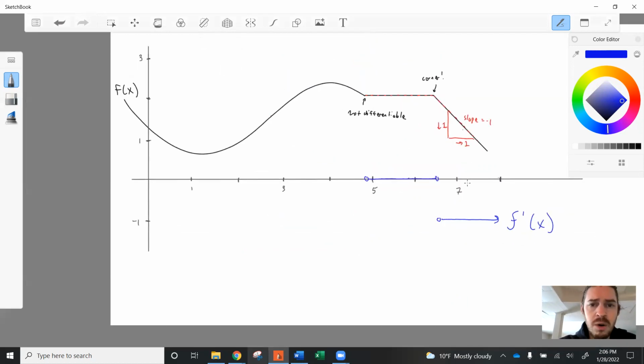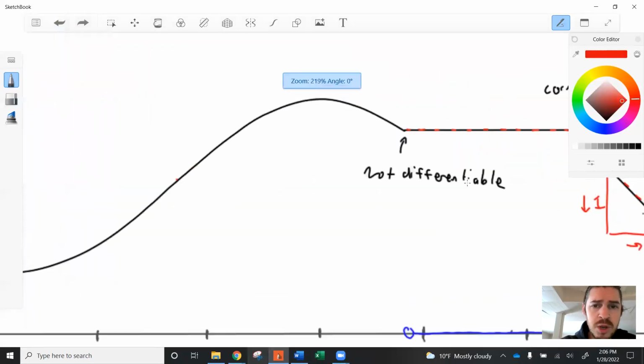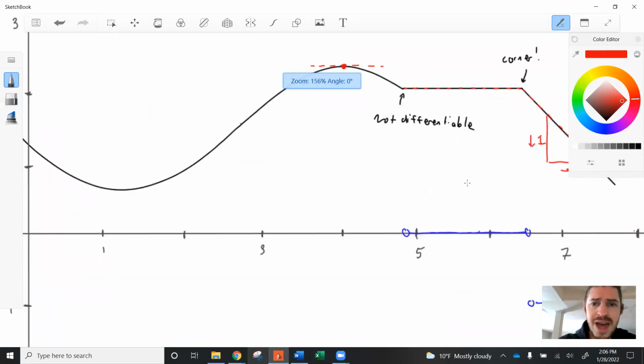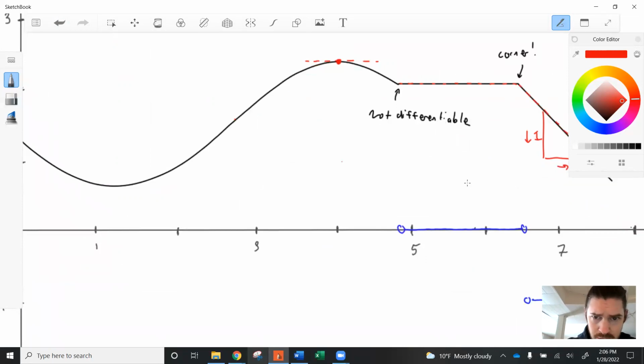Okay, so now what's happening over here? I mentioned it's good to start with places where the tangent line would be 0, would be horizontal. Let's get back to that idea. We had this area where it's horizontal. Another place where you're going to have a horizontal tangent line is at the top of a hill, like this. There we have a horizontal tangent line. So that x value, whatever that is, we're going to have an x-intercept.